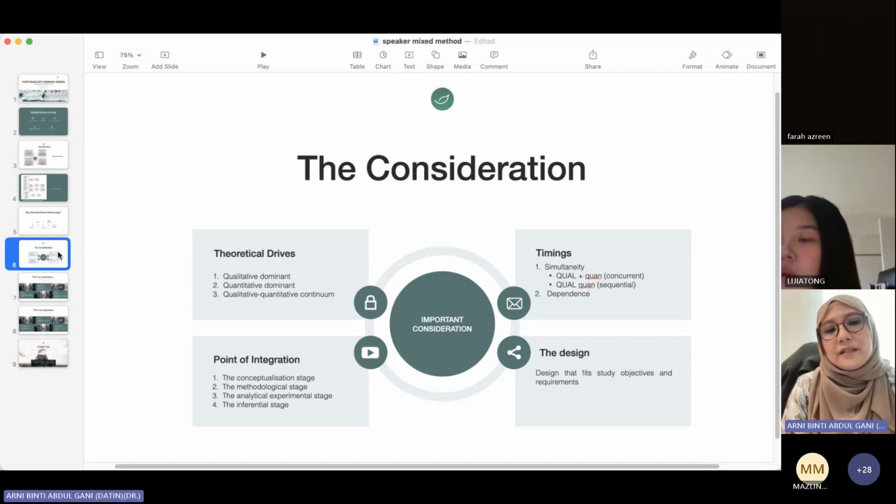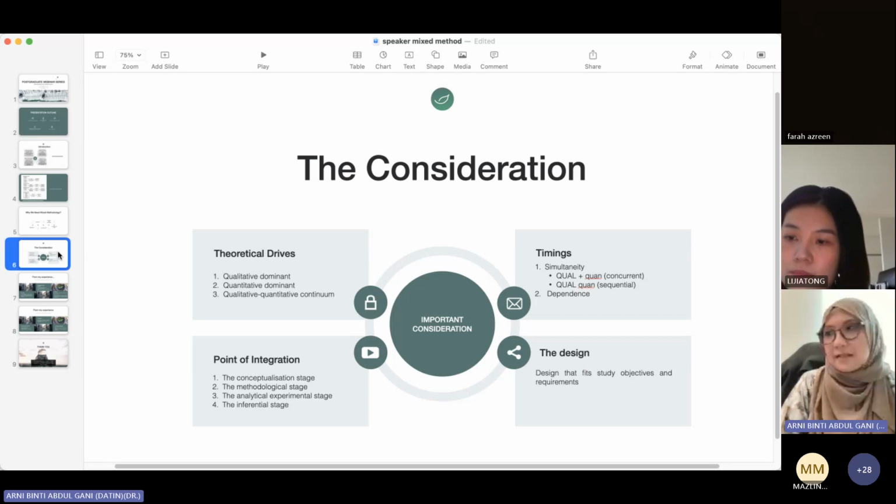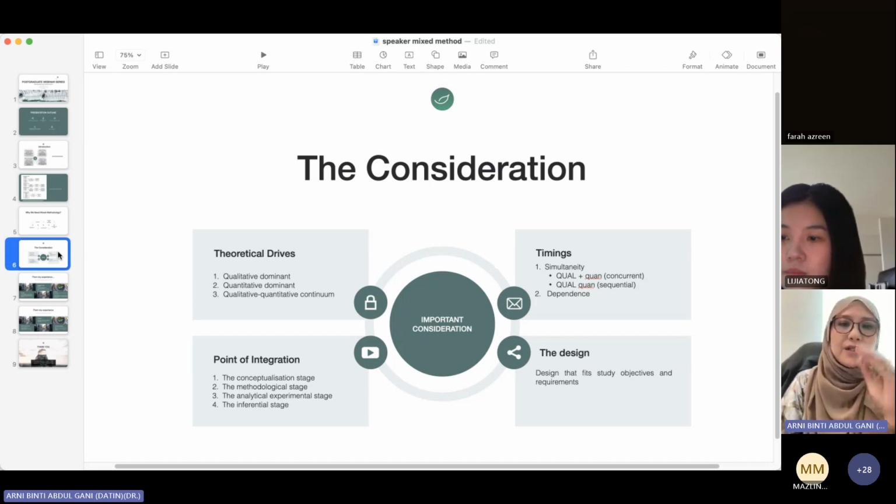The third consideration is point of integration. Point of integration is any point in the whole process where two or more of the research components are mixed. Meaning you need to know where in your research you integrate qual and quant.